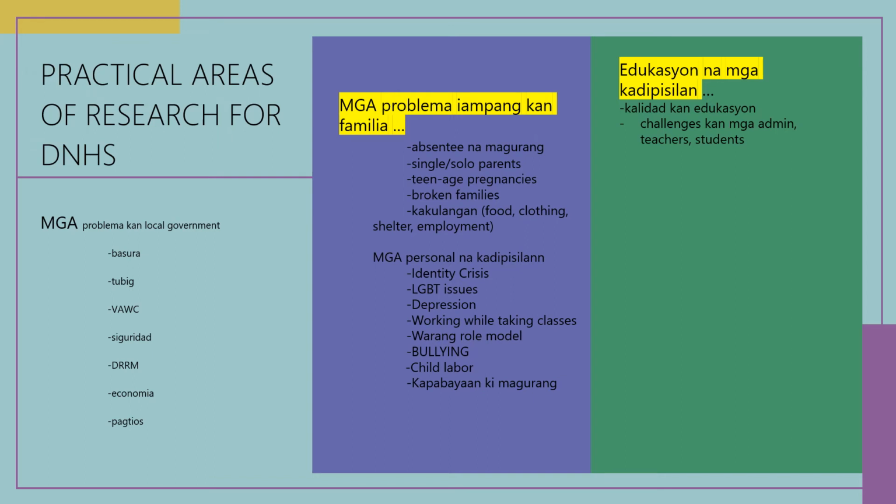Example kaini, absentee na mga magurang dahil mga OFWs or sa harayo nagtatrabaho, single or solo parents, teenage pregnancies, broken families, kakulangan in terms of food, clothing, shelter, employment, or opportunities, mga personal na kadipisilan like identity crisis, the LGBT issues, depression, working while taking classes, warang role model na hinuhugutan para magkaigwanin kusog buot na ampangon ang kadipisilan sa pag-adal o sa pag-mature, bullying, child labor, kapabayaan kimagurang.